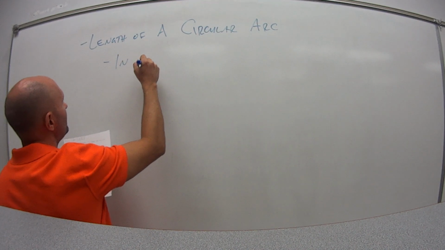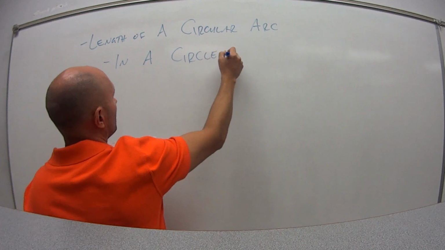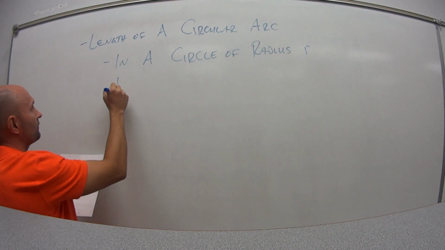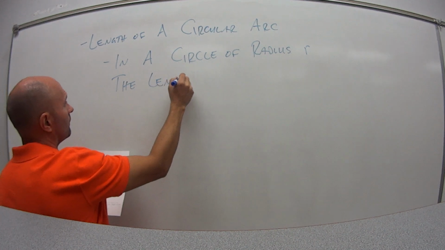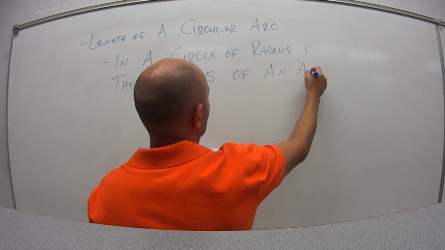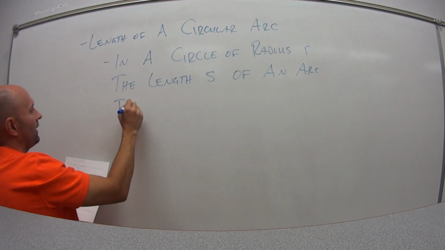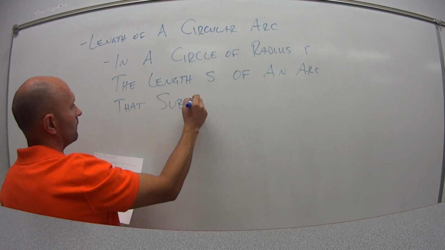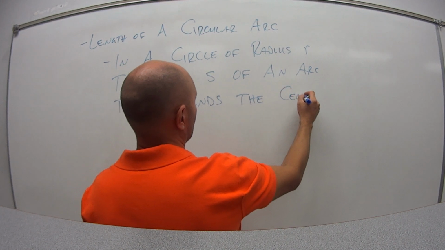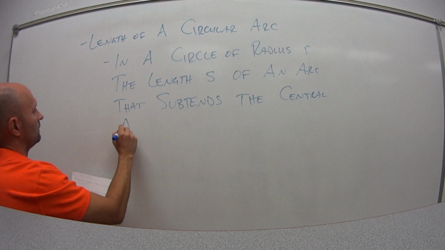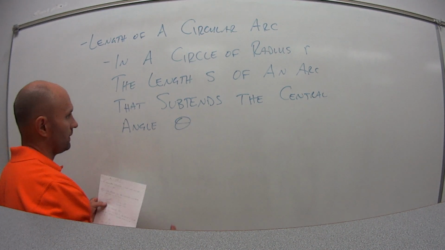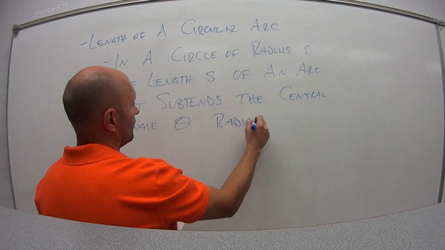In a circle of radius r, the length s of an arc that subtends the central angle, theta, and this is the important thing, it's theta radians.